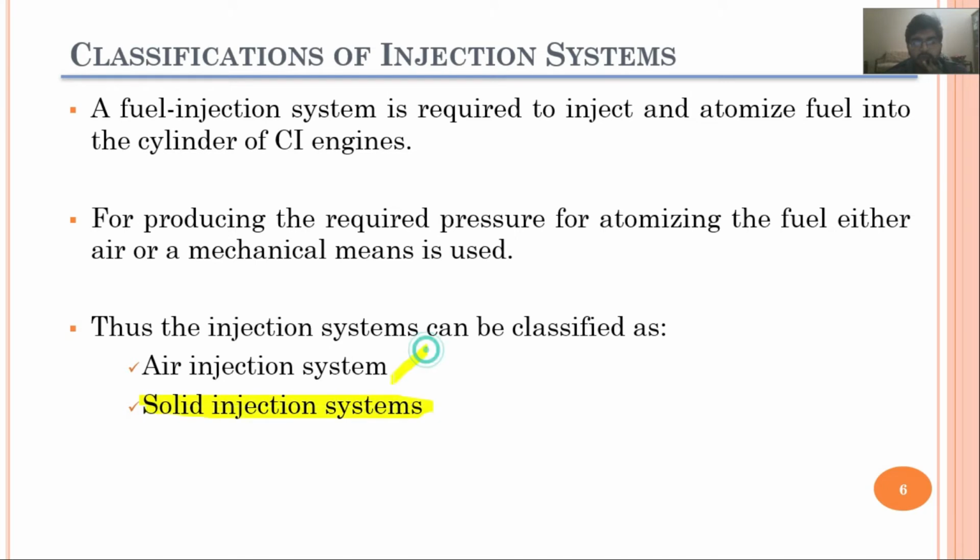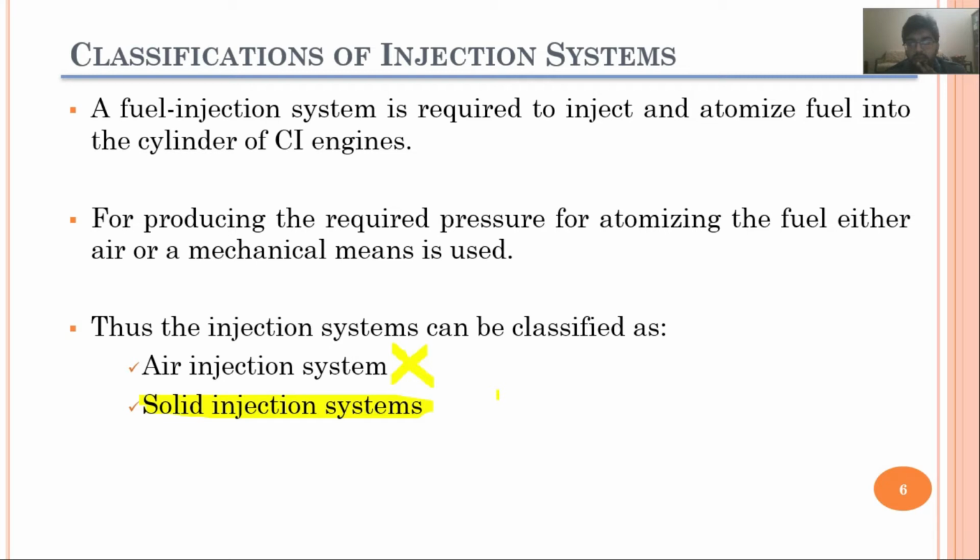Air injection systems are almost obsolete and they are not being used, and the reason for that is, for compressing the air we require some heavy multi-stage compressors, and these compressors also require some electricity to operate.